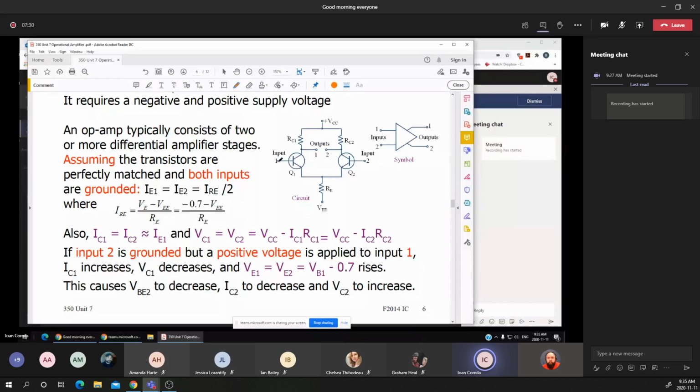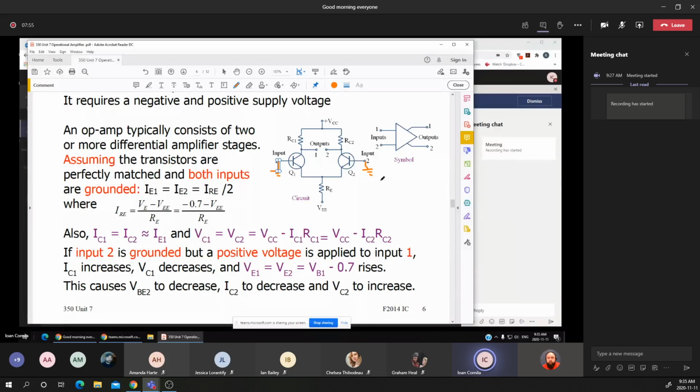Now, the first assumption we are making is that we connect input 1 to ground and input 2 to ground. The two inputs are like the inverting and non-inverting inputs of the op-amp.